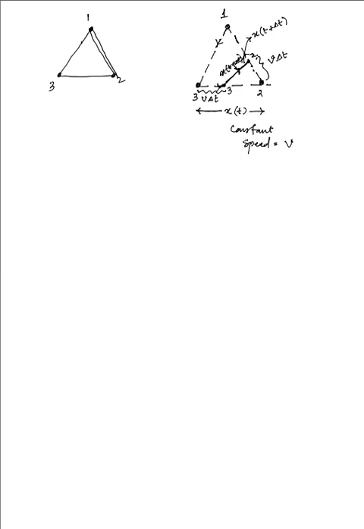As 1 approaches 3, 3 is moving along this direction towards 2. 1 would have started off over here like this, but with 3 changing its position, 1 would then be directed along this line. It would have headed off like this, but now it would be aiming at this point.